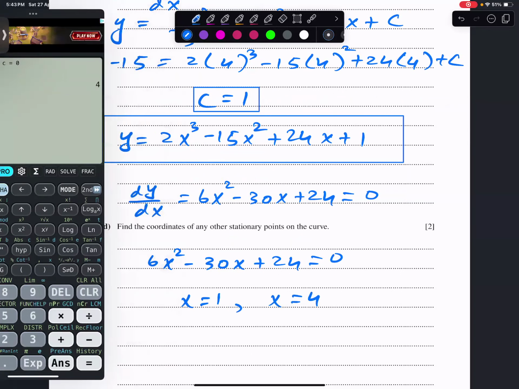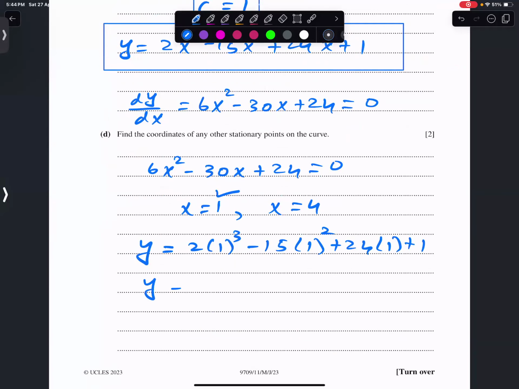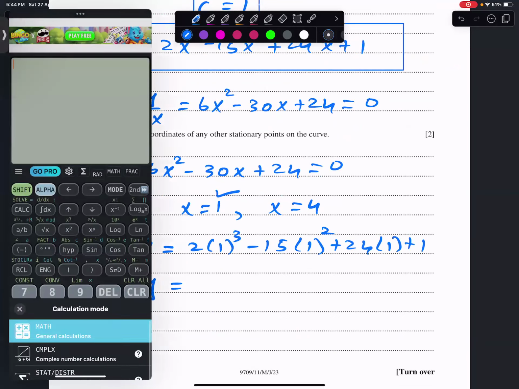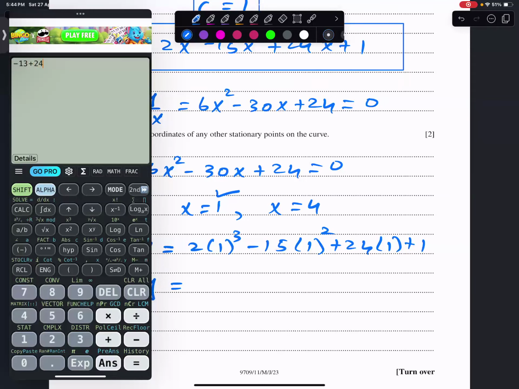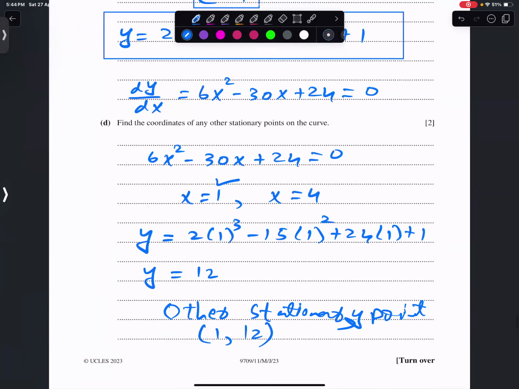Another one has come, Ahmed? Yes, sir. Put this in: 2 into 1 cube minus 15 into 1 square plus 24 times 1 plus 1. So y is equal to 2 minus 15, which will be minus 13, minus 13 plus 24 plus 1 will be 12. So the other point is 1 comma 12. Clear, Ahmed?